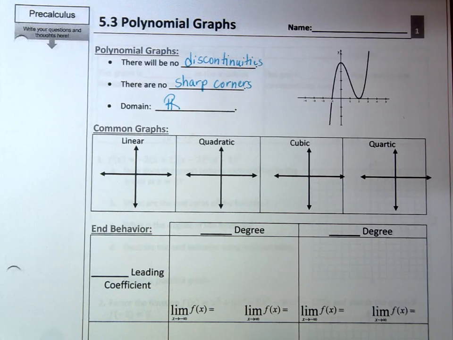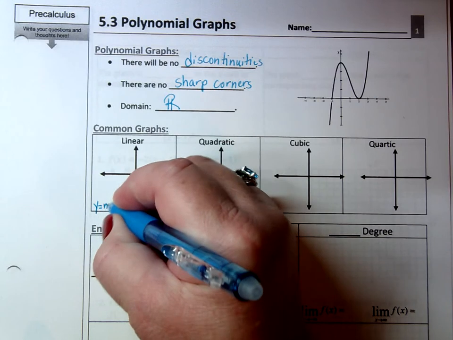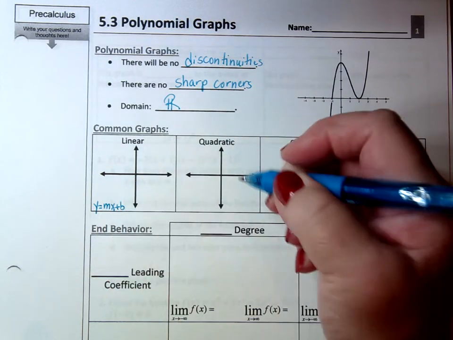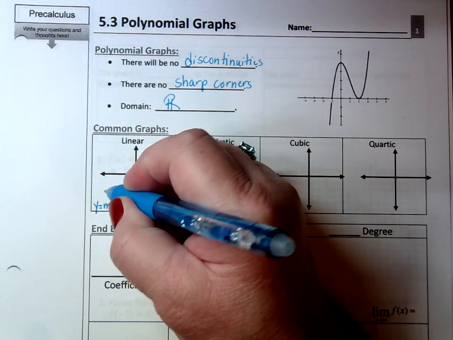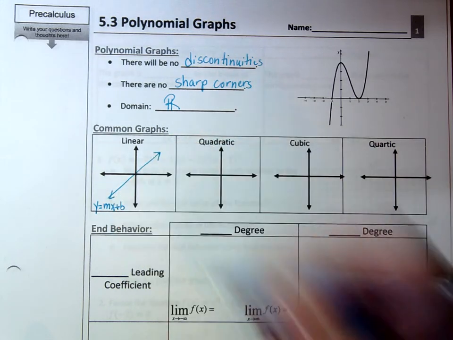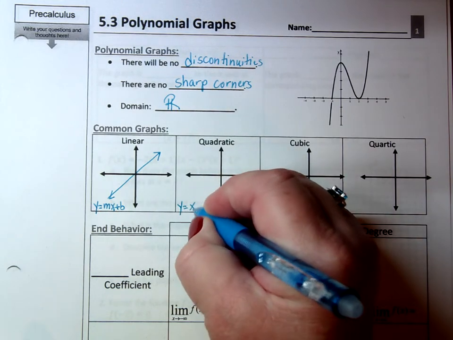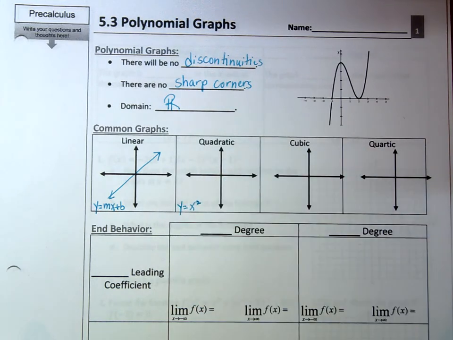And here's some popular ones. The ones that we know. We know that linear ones are y equals mx plus b, a linear graph. They can be any kind of line. Well, we'll be nice. Make it y equals x. Quadratics, they're going to be x squareds, right? They're the ones that are some type of x squared graph.